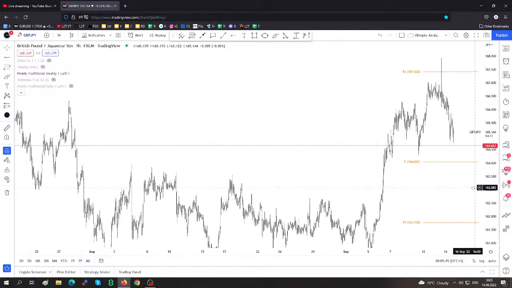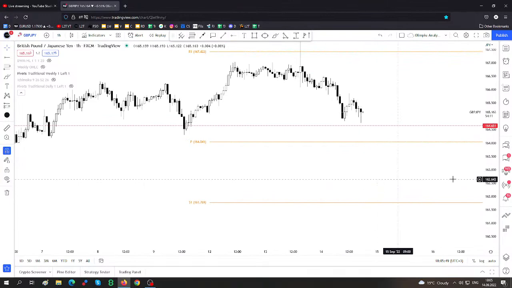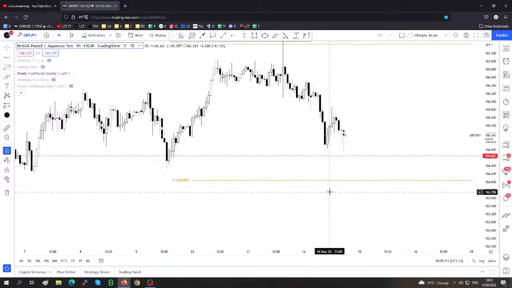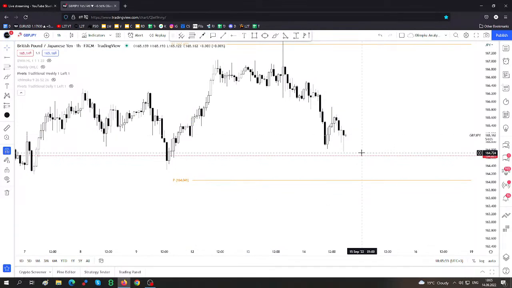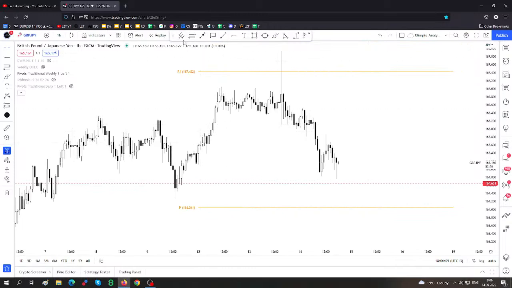Okay, so but right now I don't know, I don't have a setup, and when I don't see something like a high probability setup, no, I don't want to trade. After this candle, I don't want to sell it here. Okay, I don't want to buy it either, so I'll wait.